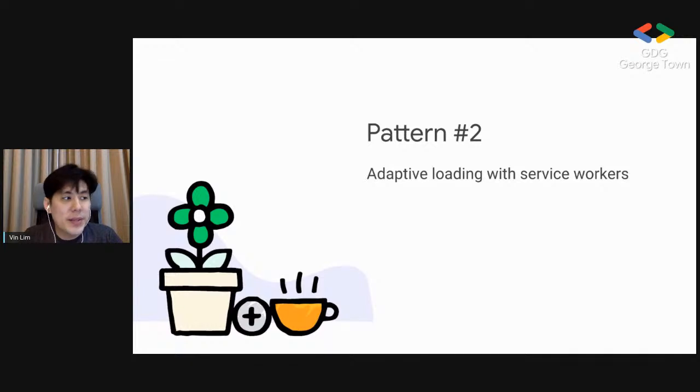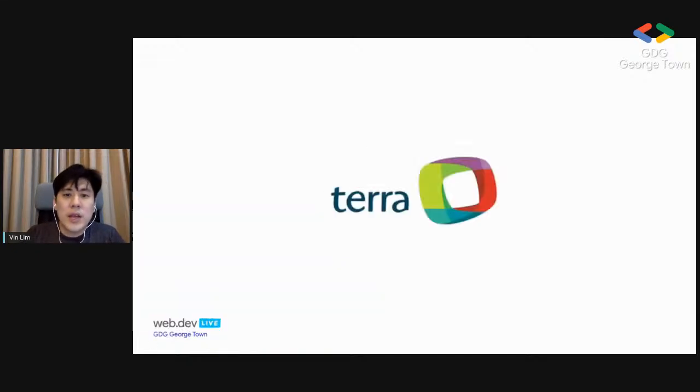Pattern number two is about adaptive loading with service worker. This will allow you to always offer a snappy, fast experience, regardless of the network or the device the users are coming from. Now, Terra is one of the largest media sites in Brazil, with a large user base with both fast and slow connectivity.